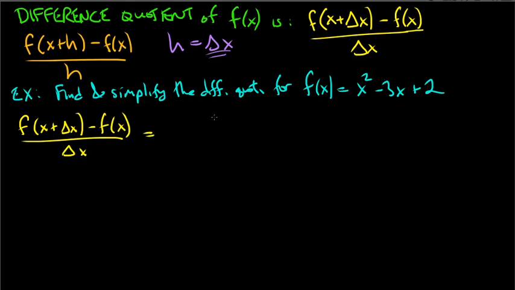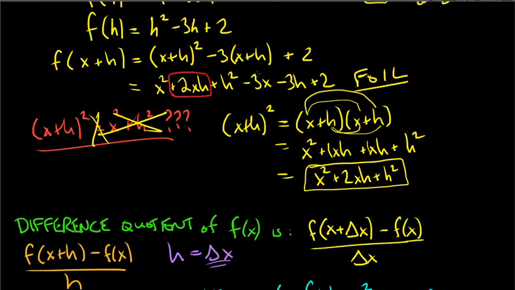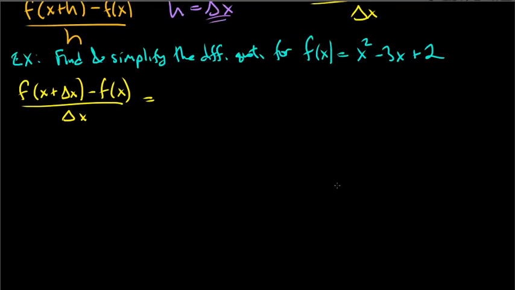So wherever you see an x, you trade it with x plus delta x. Again, you can use x plus h like we did up here, but if we use x plus delta x, what do we get? We get the quantity x plus delta x squared instead of x squared, minus 3 times x plus delta x, and then plus 2. Right? And then minus f of x.